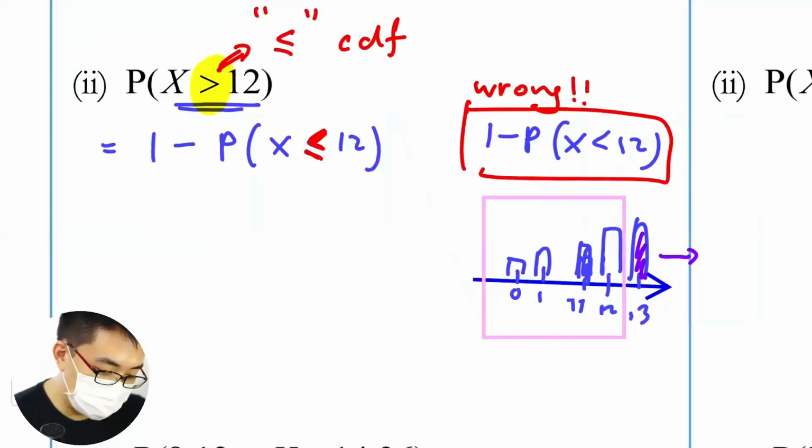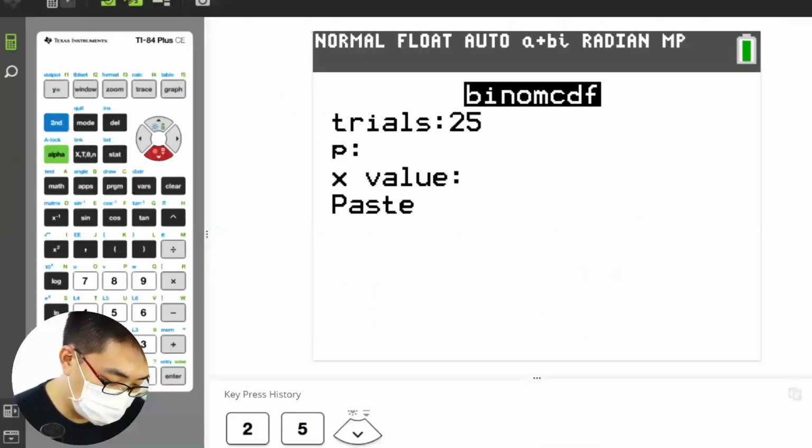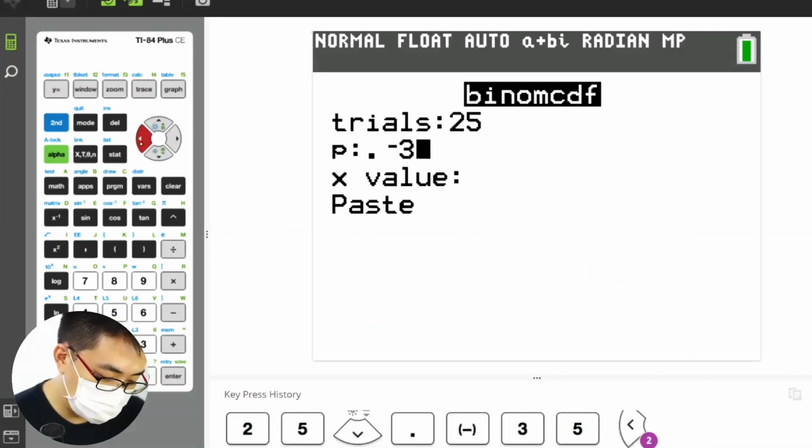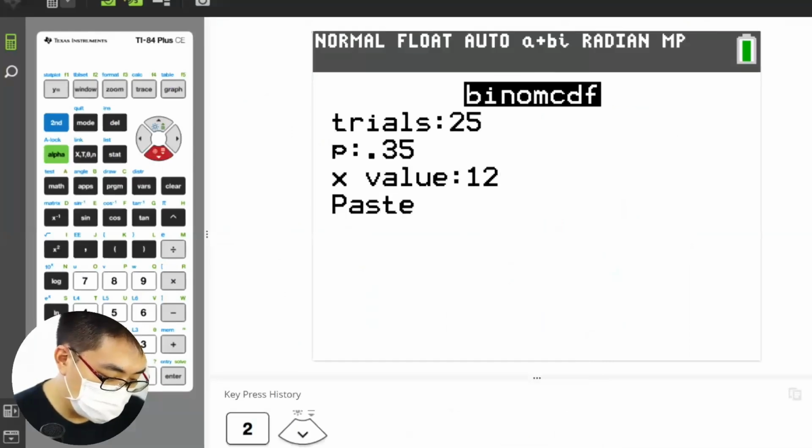The values here will be 25 and 0.35, then this will be 12.